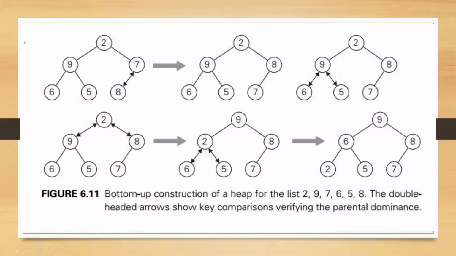Just in whatever order the input is given, 2 9 7 6 5 8, based on that, create the essentially complete binary tree. Starting from the root, go on filling each level from left to right until you read all the elements from the given list. This is the first step, the initialization step.